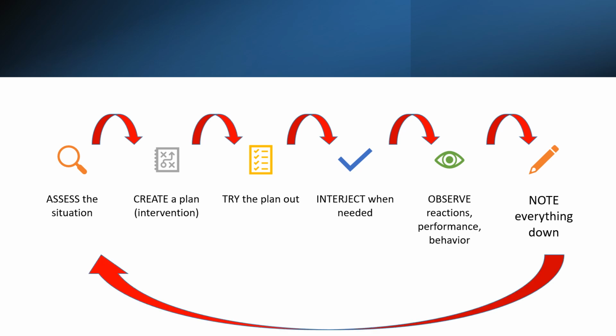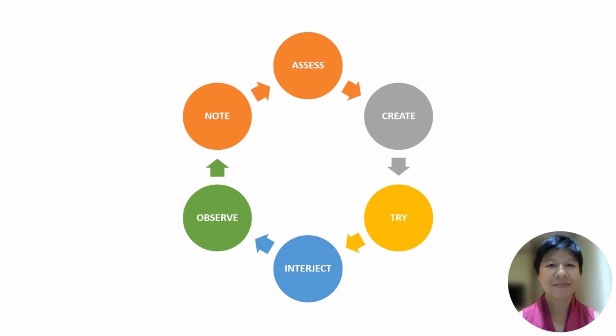And because action research is essentially cyclical in nature, the teacher researchers are urged to go back to assessing the situation and going through the whole cycle of the action research process to enrich the data that they have. All in all, here are our proposed steps of doing action research.